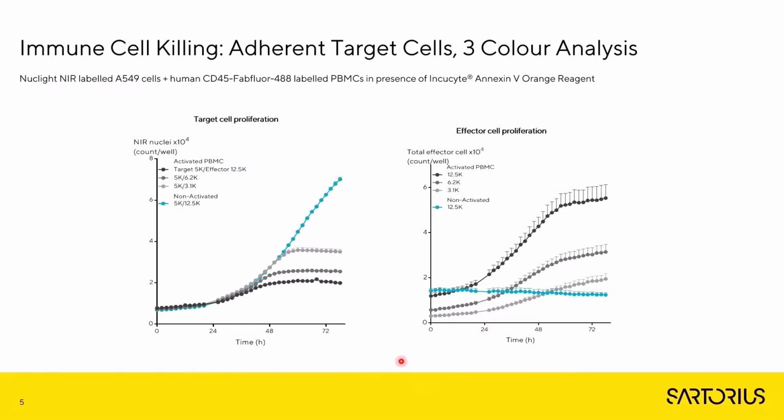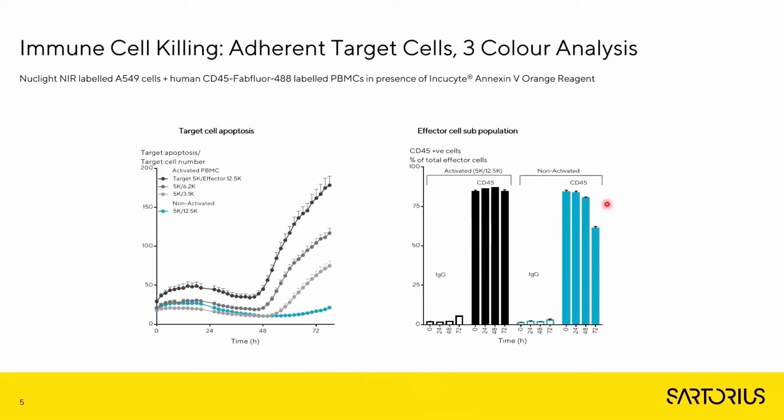We can then plot this information on a population level, and we can see that the target cells proliferate when they're cultured with non-activated PBMCs. However, when they're cultured with increasing numbers of activated PBMCs, we see a decrease in proliferation. And conversely, at the highest PBMC density, we see the lowest amount of proliferation.